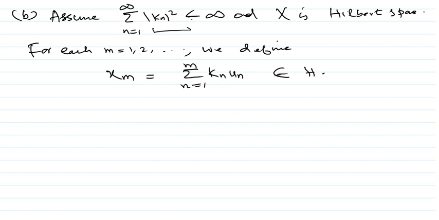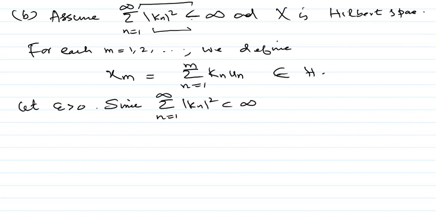We show that this xm is a Cauchy sequence. So let epsilon be any positive number. Now this thing is finite, since the series n runs from 1 to infinity of mod kn square is finite.